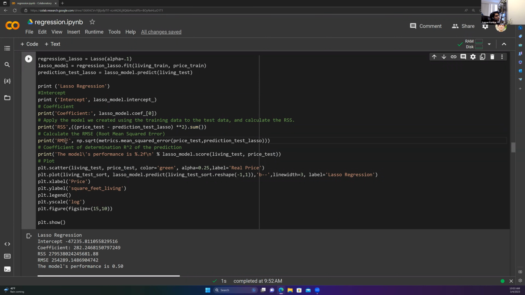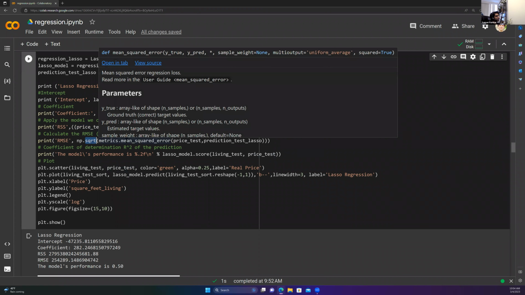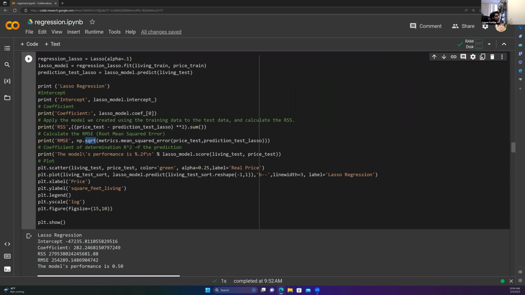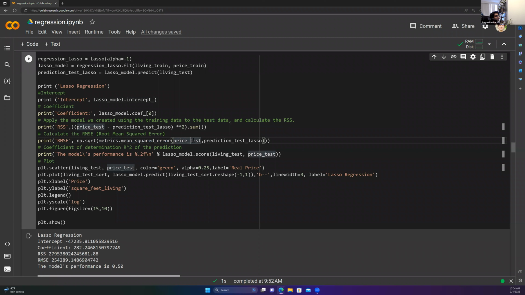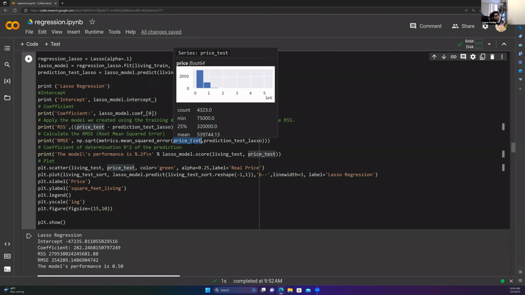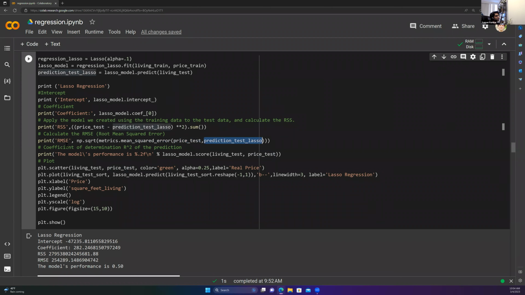Whereas for root mean squared error, you use numpy.sqrt, the square root, and you can again use this metrics class from scikit-learn and use mean squared error based on the actual price and the predicted price to calculate the root mean squared error.